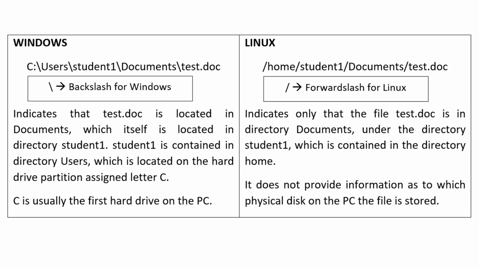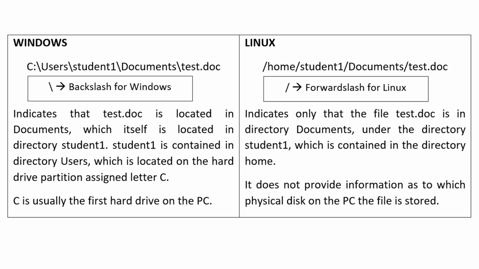Let's look at this comparison side by side for Windows and Linux. We are comparing test.doc in two different systems. Let's look at Windows first. In Windows, this file test.doc is located in the C drive, in Users, where the user is student 1, in the Documents folder, and it's test.doc.